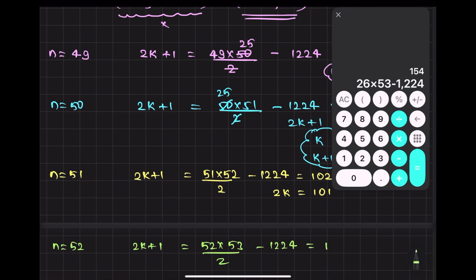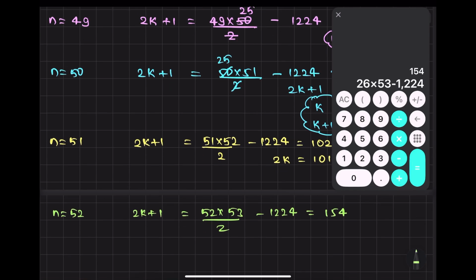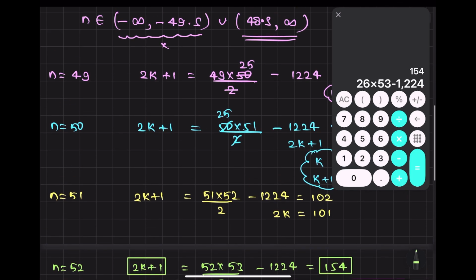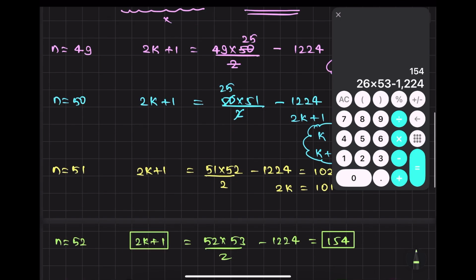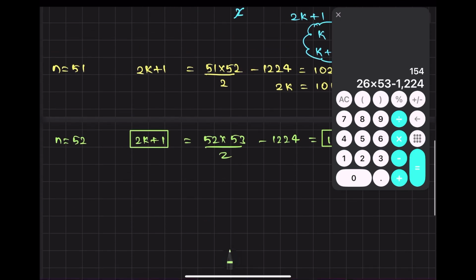So it is 154. Correct? So 154, you will send one, that's 154. Again, if you observe, it is odd and it is even, so it is not possible. So 52 again will be rejected.